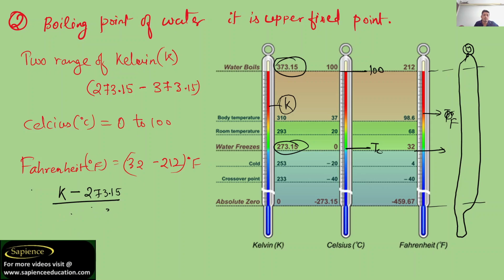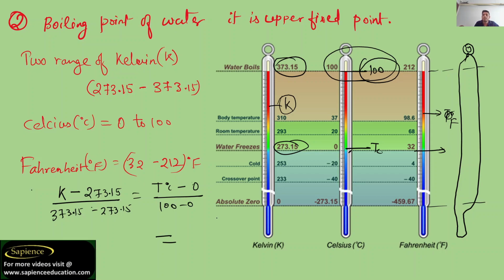So let us do this. Highest is 373.15 minus lowest 273.15, and this is equal to, for Celsius, the temperature in degree Celsius minus the lower point, 0 degree Celsius, divided by highest minus lowest, that is 100 minus 0.